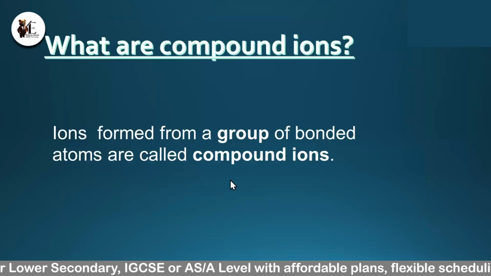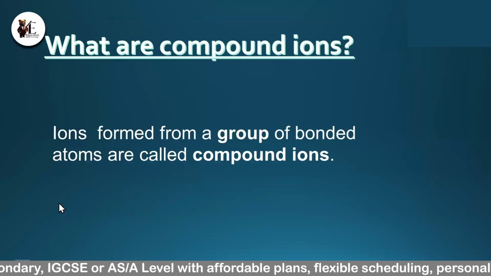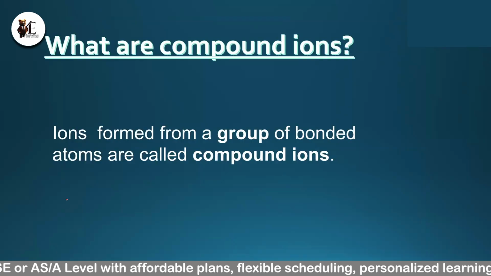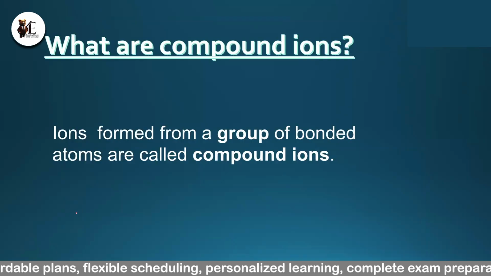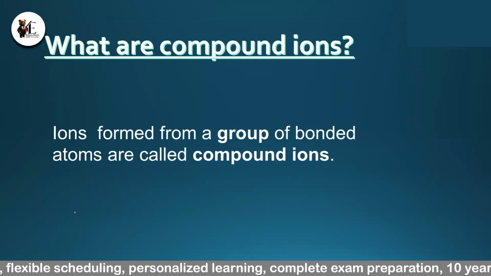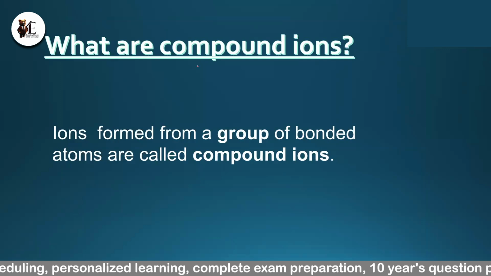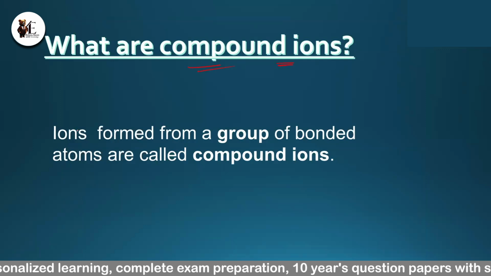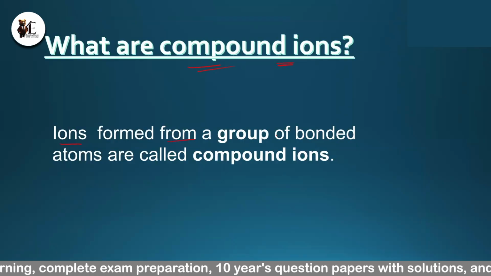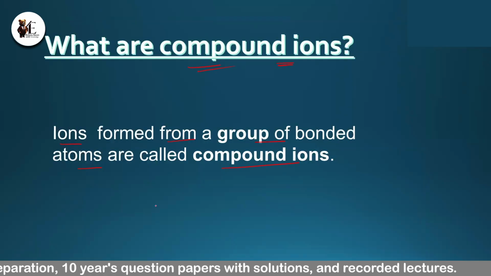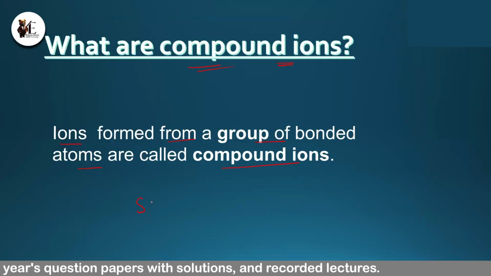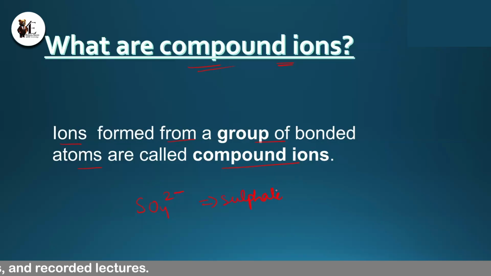Okay, so next topic is what are compound ions? We know what are ions, right? Ions are atoms with charge. When an atom loses or gains electrons, they become ions, right? But what are compound ions? Ions which are formed from a group of bonded atoms are called compound ions. For example, SO4 2 minus is known as sulfate ion.